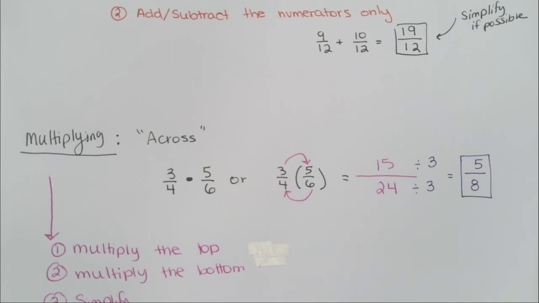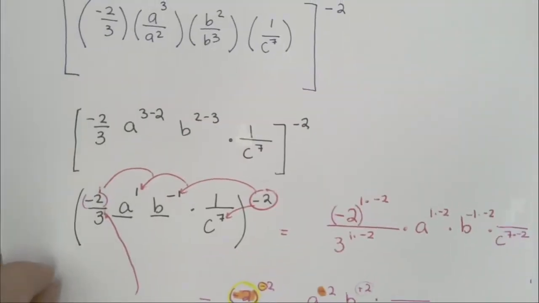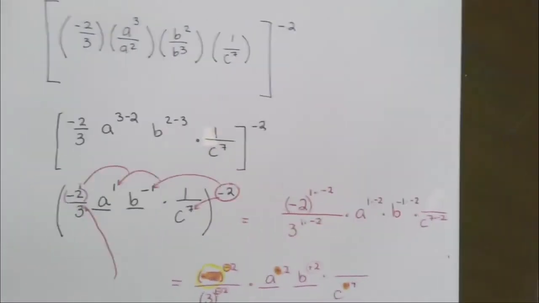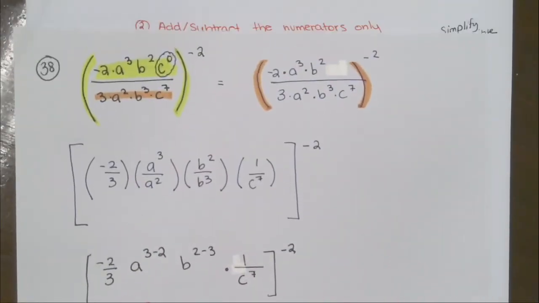Okay. So far we've done a lot today. We started out the lesson with reviewing our rules, our exponential properties. Then we talked about converting. We started out with this example right here where we reviewed our properties.